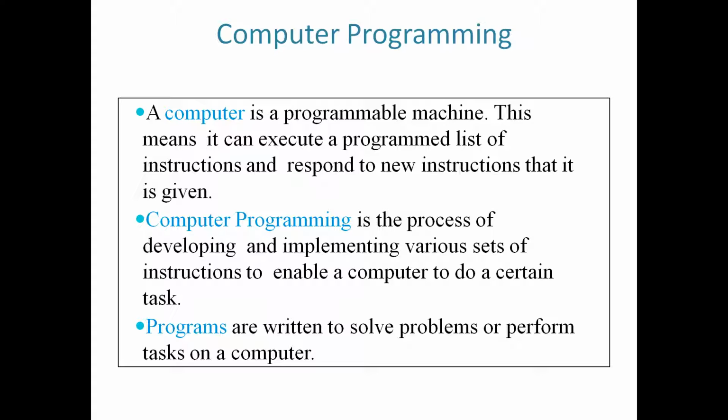We give the computer instructions, the computer performs the calculations on those instructions and gives us the desired outputs. So up till now we have studied two basic terms. The first is computer programming, the process of developing and implementing various sets of instructions to enable a computer to do a certain task. The second is programs, which are written to solve problems or perform specific tasks. Any gameplay, any task, whatever we do comes under the program.